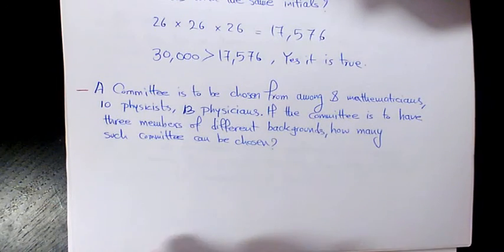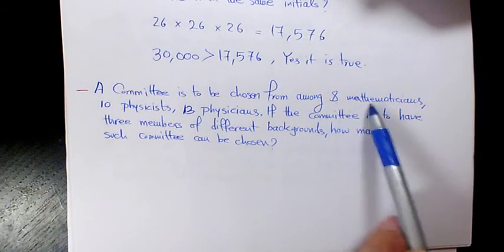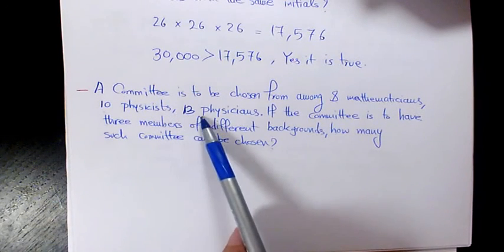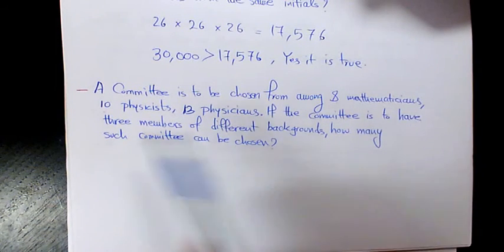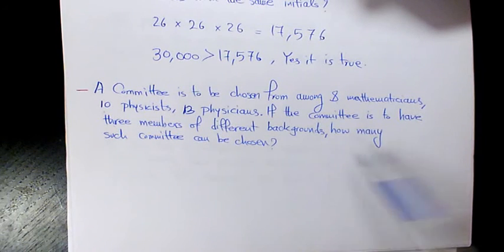Next example. A committee is to be chosen from among 8 mathematicians, 10 physicists, and 13 physicians. If the committee is to have 3 members of 3 different backgrounds, how many such committees can be chosen?